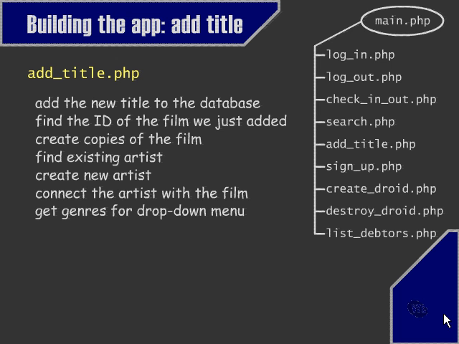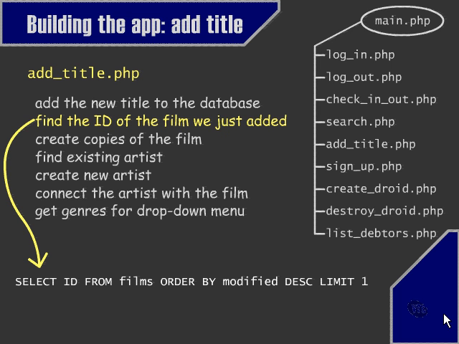Next we need to trace the ID of the film we just added. The way that I've implemented this is to select the ID from the films and order by the modified column in a descending order, limit 1. Now the modified column is not something that we included within the original database specification.